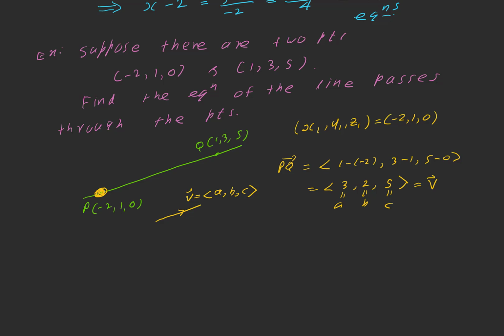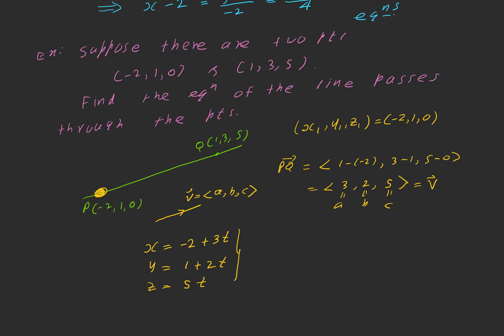Then we know this is A, this is B, this is C. Therefore, we can write the equation x equal -2 plus 3t, y equal 1 plus 2t, z equal 0 plus 5t.